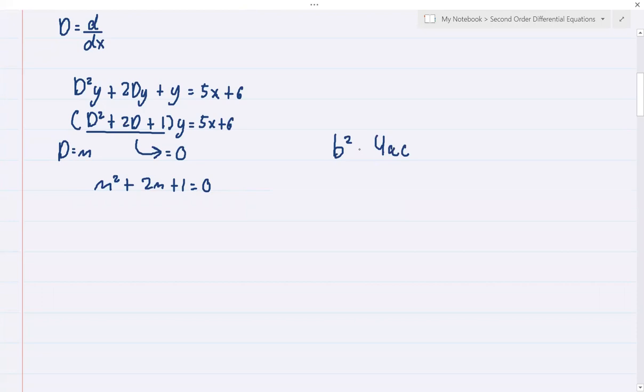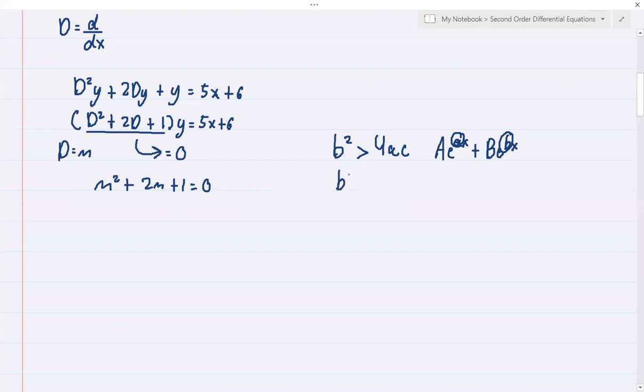If the value of your b squared is greater than the value of your 4ac, then your u function is a e raised to small a x plus b e raised to small b x, where your small a and small b are your m values. These two are real but different from each other.